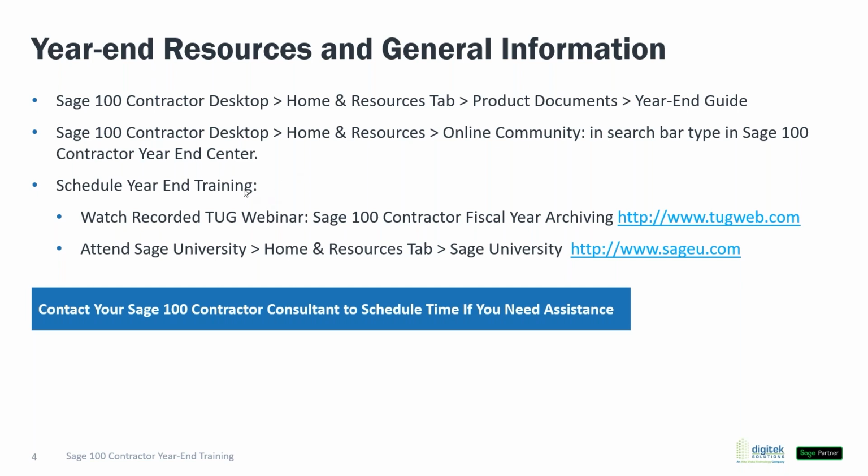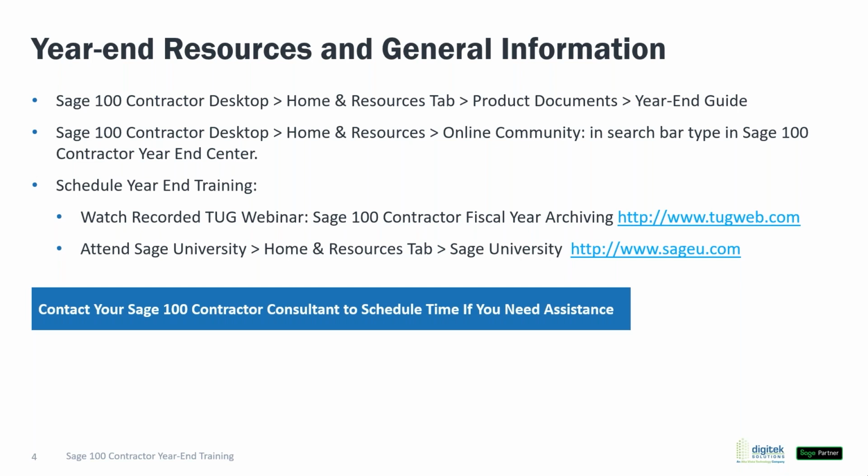The other thing is you can schedule training with TUG. If you're not a member of TUG, I would suggest that you become a member, because again, it provides you with additional information, and they provide training classes, courses, and webinars throughout the year.